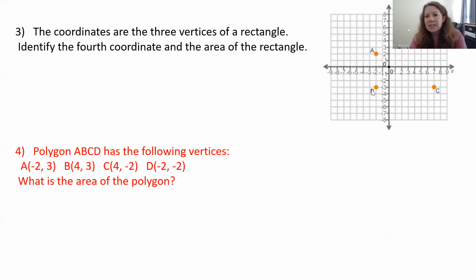All right, the next one says, the coordinates are the 3 vertices of the rectangle. Identify the 4th coordinate and the area of the rectangle. Well, we have to have 4 90-degree angles for a rectangle. So where does D have to be?